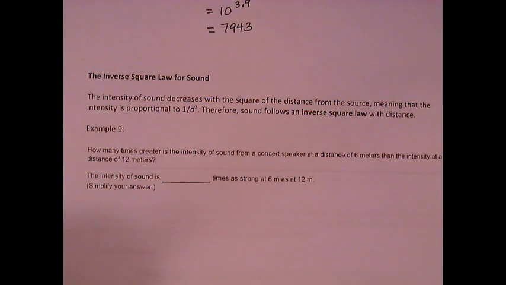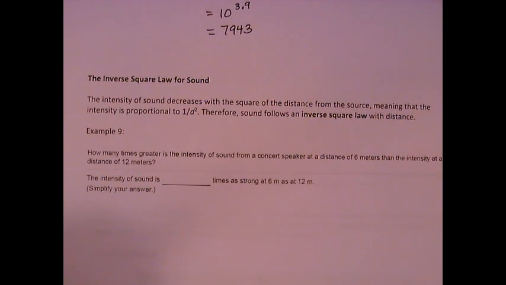Therefore, sound follows an inverse square law with distance. Okay, so in example 9, we want to find out how many times greater is the intensity of sound from a concert speaker at a distance of 6 meters than an intensity at a distance of 12 meters.